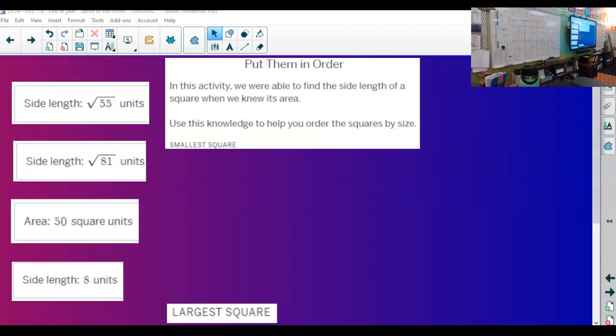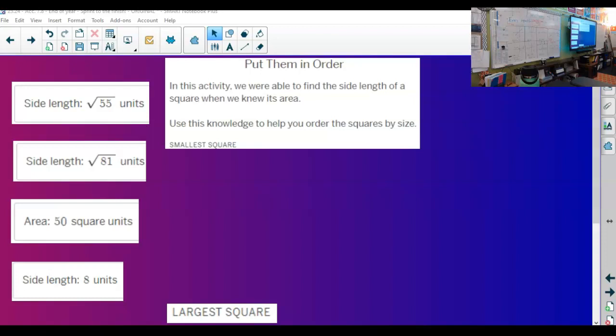Nope. Something is incorrect, Owen. Time to think. Are you supposed to make a challenge on slide 7? I think that's what it asks you to do, yeah. That's an area, not a side length.